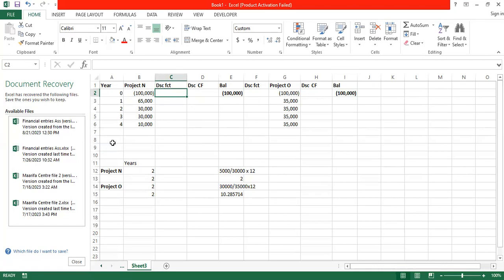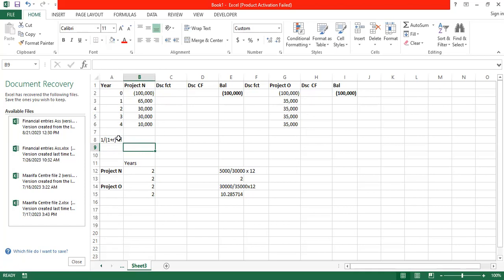The formula is basically 1 divided by 1 plus r to the power of n. That's what I just wrote there. That's the formula that you use to calculate your discounting factor. So you use that all the time.